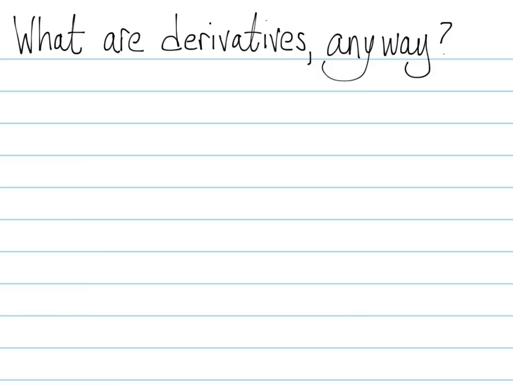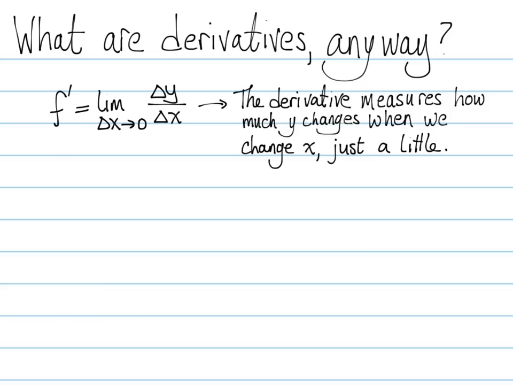Now, let's talk about what derivatives really are, because it's going to help us understand the chain rule even better. Often when we write the derivative, we can think of it as a change in y over change in x, and as we let the change in x go to 0, that gives us the derivative.